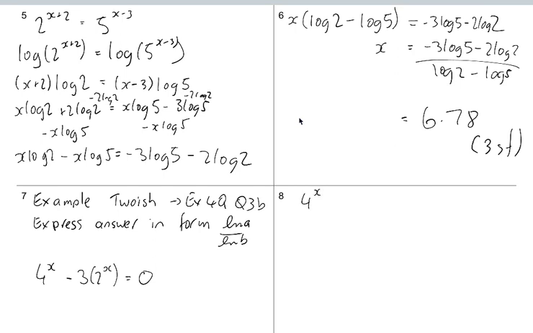So I've got 4 to the power of x is equal to 3 times 2 to the power of x, like so. And we've got a start. Now, what I'm going to do is take not just any logarithm, but the natural log of both sides. I take the natural log because I know that's where I'm headed.